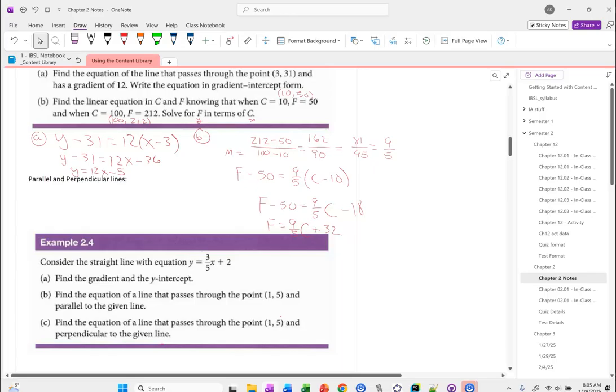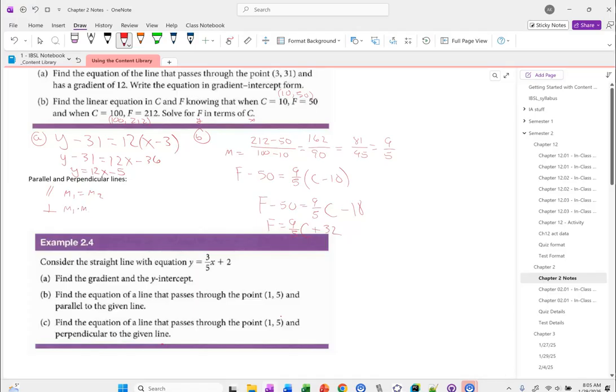Parallel and perpendicular lines. What do we know about parallel and perpendicular lines with regard to their slopes? Parallel has the same slopes, and perpendicular has opposite reciprocals. One little caveat though, where do those things kind of fail?